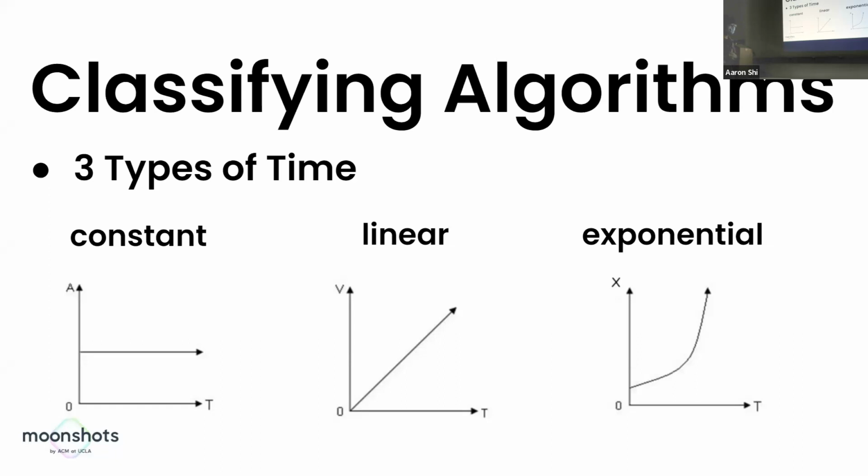Others might be linear, like reading in a file and printing it out backwards. And then you have some that are exponential. These are more interesting because these are problems that classical computers don't have a great solution for, because exponential problems grow really, really fast to essentially become intractable and impractical to solve with classical algorithms.